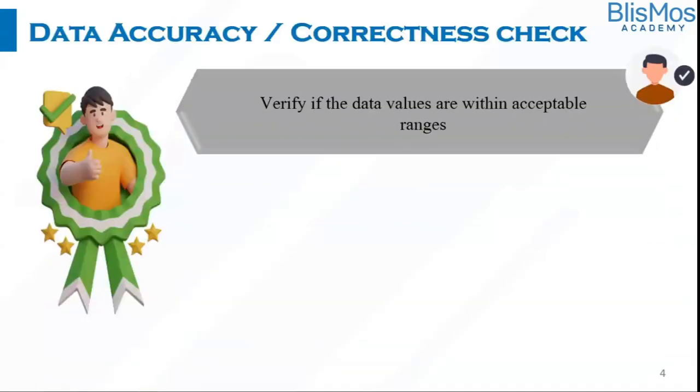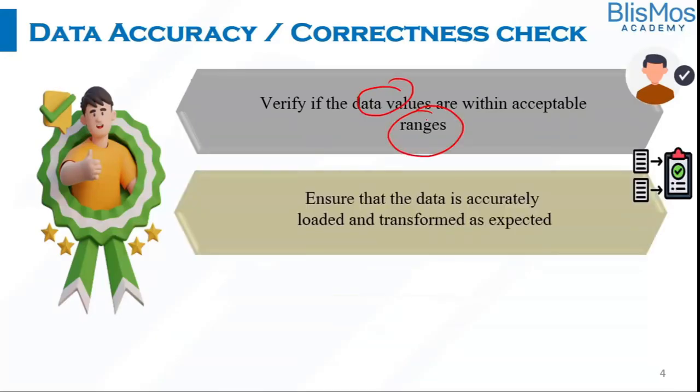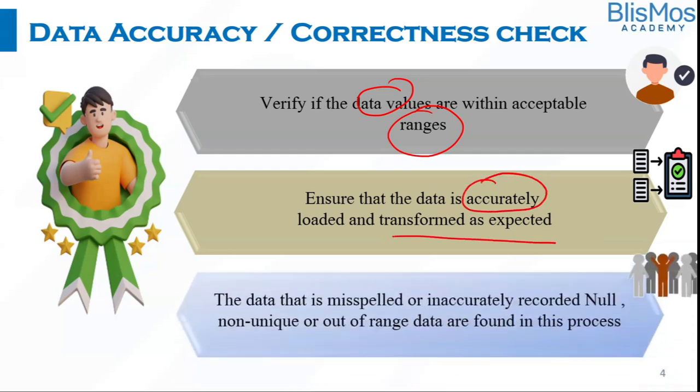That is what is validated by data accuracy. Now, it will verify the data values are within acceptable ranges. It ensures that data is precisely loaded. It ensures that data is accurately loaded and transformed as expected, as mentioned in the mapping document. The data should not be misspelled or inaccurate, and should not be null when it is supposed to have values.